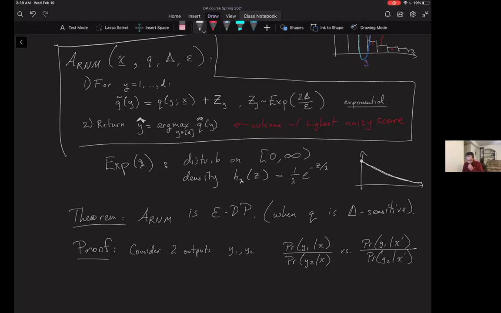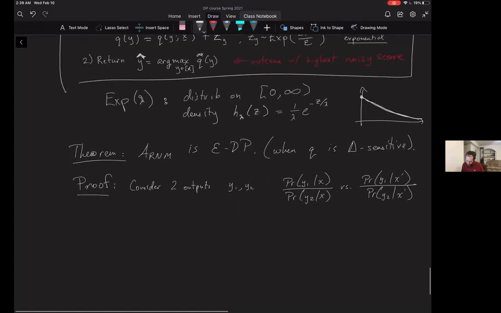If you think about what it takes for those events to happen, you can give it some thought and try to understand how to compare those probabilities. This is going to be an exercise which we'll work through in class.